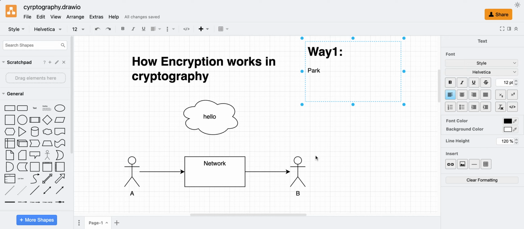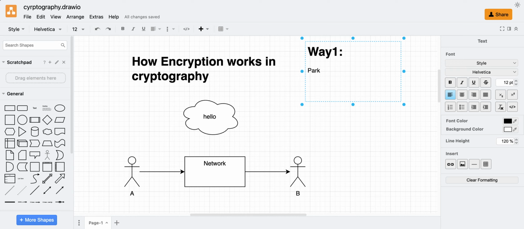They can communicate with each other, hey, let's go and meet in this park, and select a time where no one else is visiting that park, so that I can share this message with you, and also maintain that this message is not being shared with anyone else.